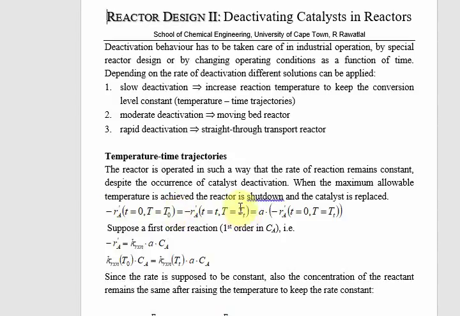So we are choosing this future temperature such that we achieve that initial rate. So this future rate will equal the activity at that time multiplied with the rate that we would have at that temperature.